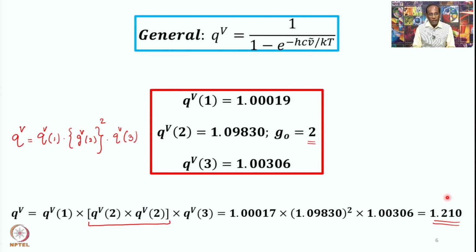So, I hope you should now be able to calculate the values of the vibrational contribution to the partition function. As a general rule, you expect the translational contribution to be highest, followed by rotational, and now we have discussed the vibrational, which is coming next lower.